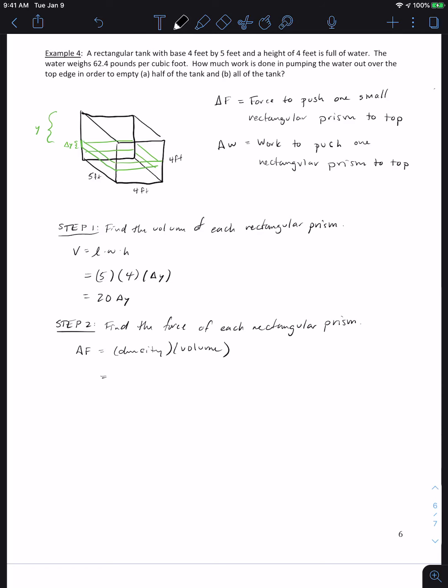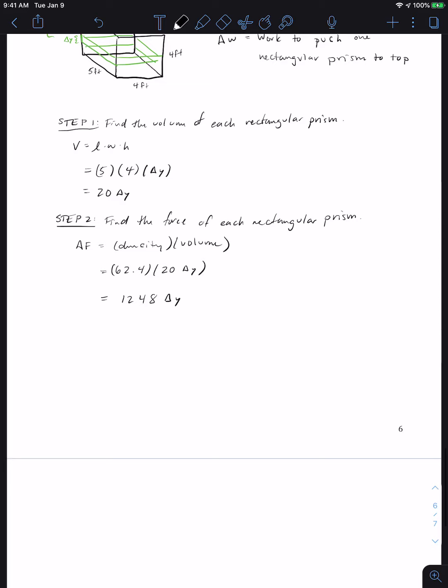But what is density? Given by the problem, it's 62.4, and then the volume, which we just solved for, was 20 delta y. So here I get 1248 delta y. So unlike in the previous problem, my delta force function doesn't even have a y in it, so it doesn't have a different variable that we have to do some fancy footwork to solve for.